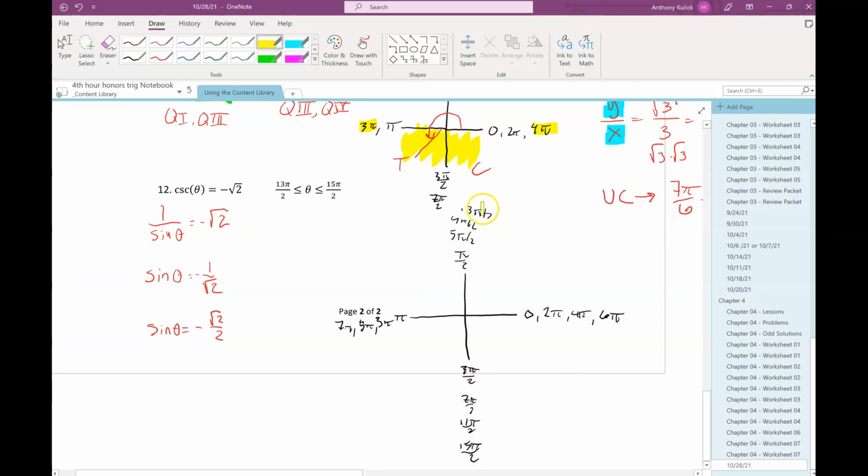So we're looking at from 13 pi over 2 to 15 pi over 2, quadrants 2 and 3.